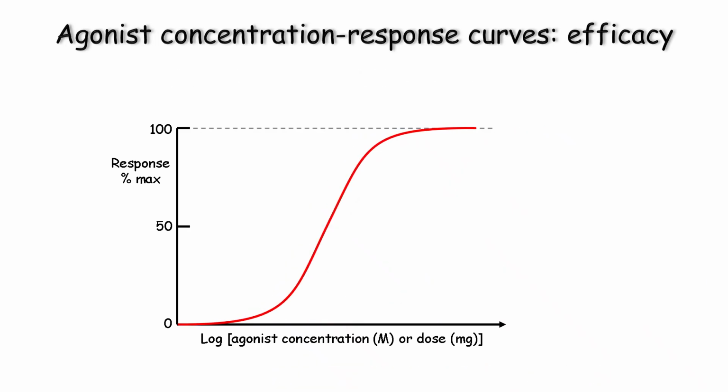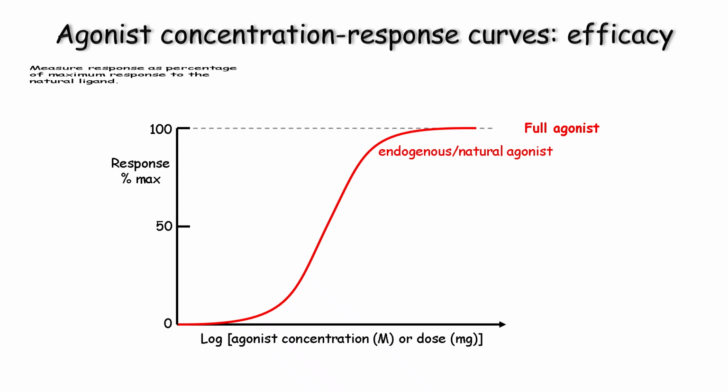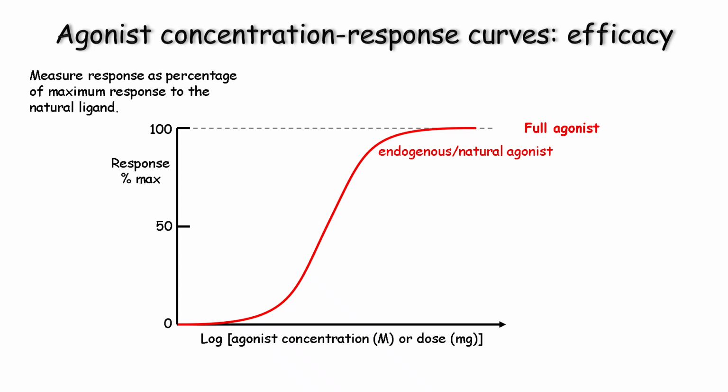Not all agonists are equally effective, even if they have the same potency. The natural or endogenous ligand for a receptor is considered to be a full agonist. When responses to other agonists are measured as a percentage of the maximum response to the natural ligand, that can show up differences in their abilities to evoke the maximum response of the full agonist.